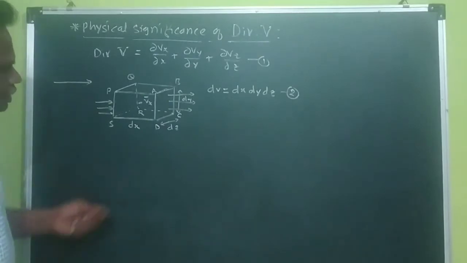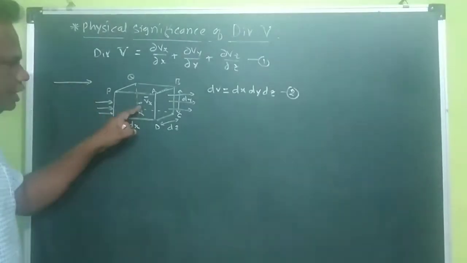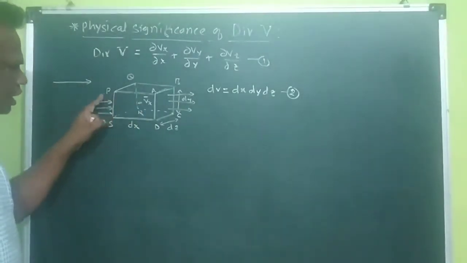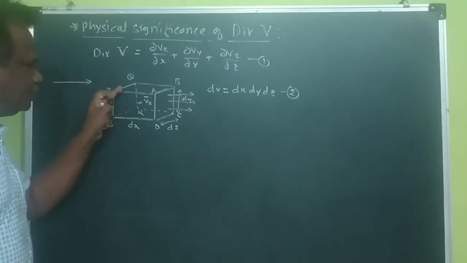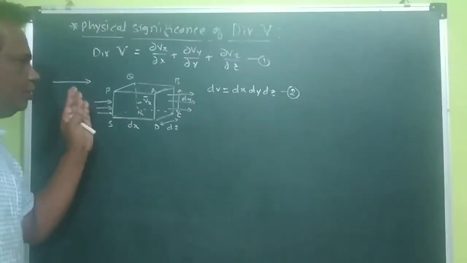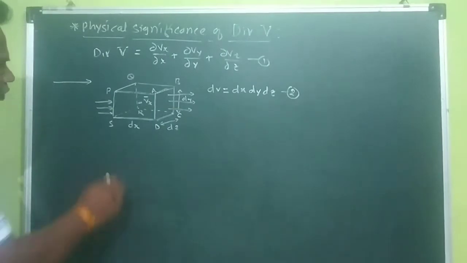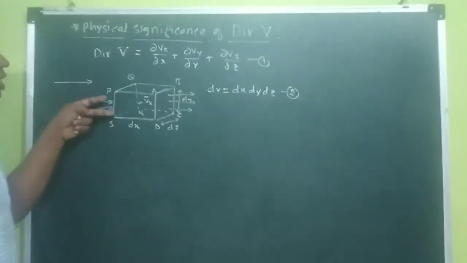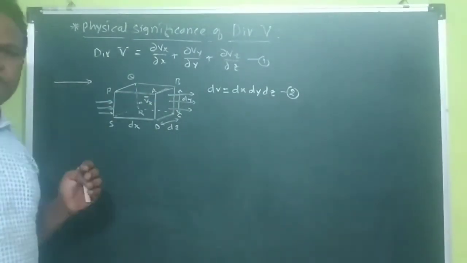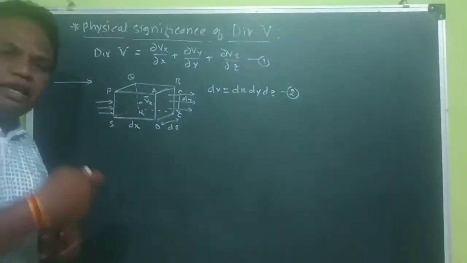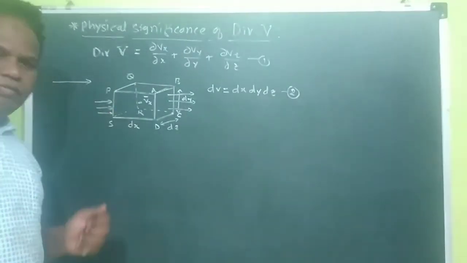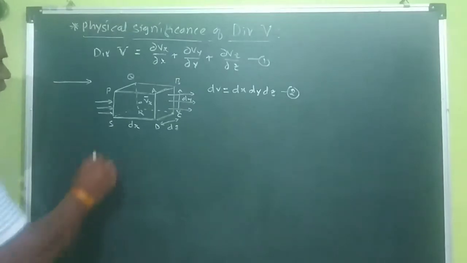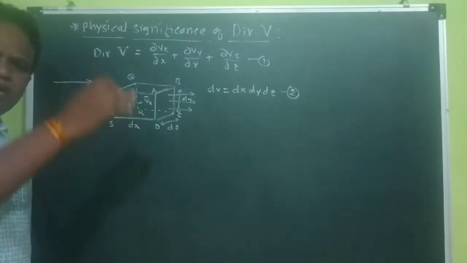So now at the center the value of the vector field is Vx, and at this face we are going to consider the value of the vector field. A vector field is, let's say, magnetic field or electric field. Electric field means electric lines of force, magnetic field means magnetic lines of force, and the number of lines of force is nothing but flux.